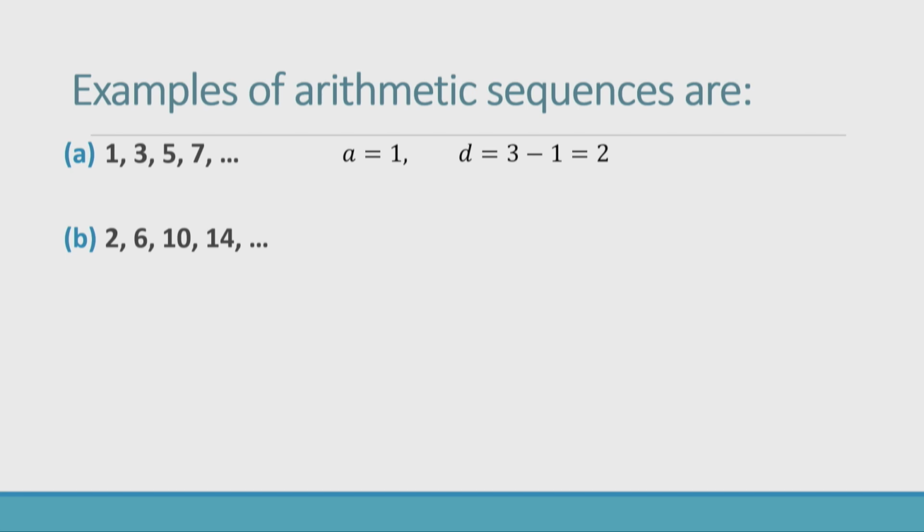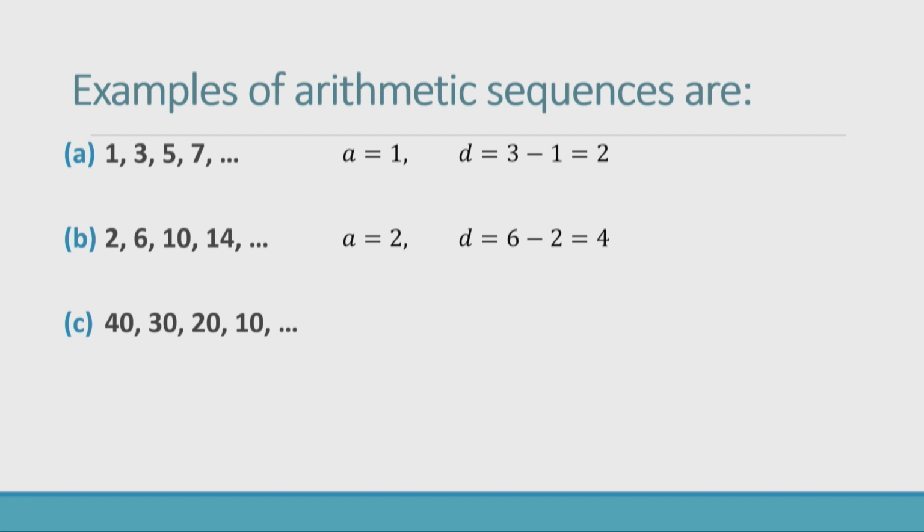Part B, 2, 6, 10, 14. Here, our first term will be 2, and we can see that we need to add 4 to get the next term. So A will be 2 and D will be 4. Part C, 40, 30, 20, 10. Can you try to find the first term?